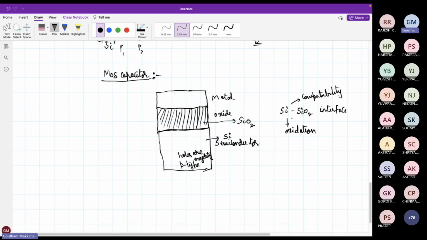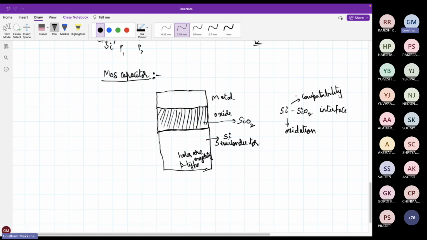Why? Because Si and SiO2 are formed easily with the help of oxidation. So that is one of the reasons why silicon is preferred, because this oxide is a natural progression from silicon and it can be easily obtained with the help of oxidation. That is also one of the reasons why we go ahead with silicon.